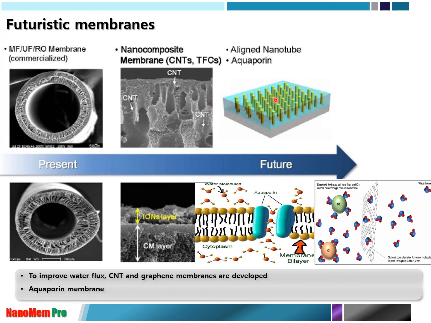Also, aquaporin membrane can be aligned on the active layer as well as the support layer to improve the overall performance of our membrane. You can see that with the aquaporin membrane, only the water molecule selectively passes through, and the graphene membrane can play a role in improving the overall permeability of reverse osmosis.